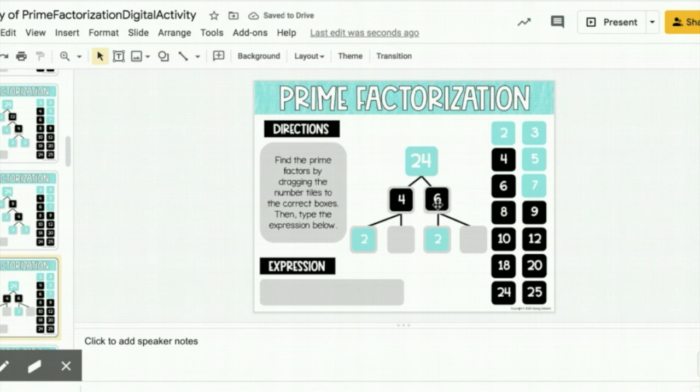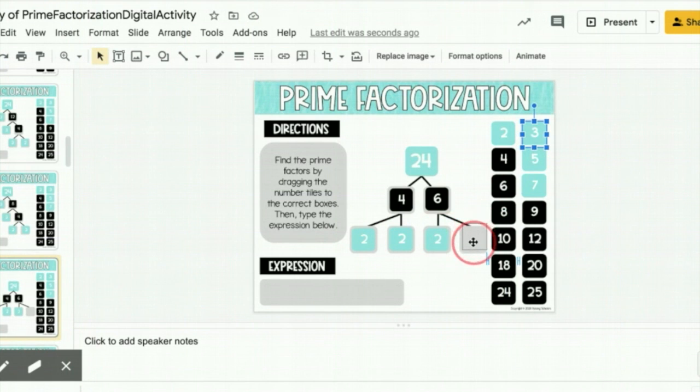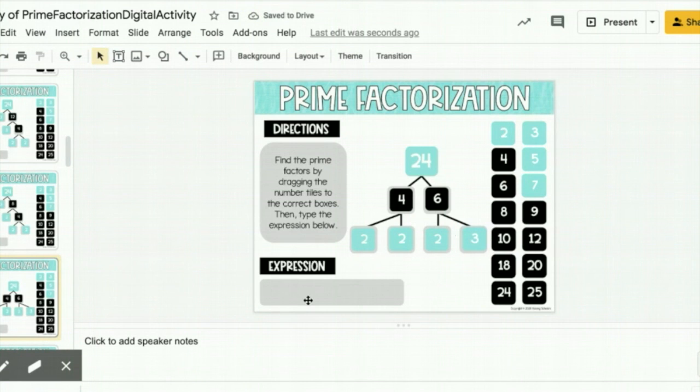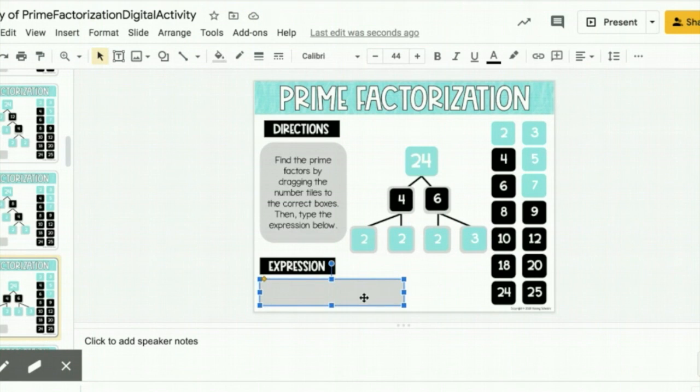Well, neither of those are prime, right? So we've got to figure out what multiplication problem gets me to those numbers. So I know that 2 times 2 is 4, right? And for 6, I know that 2 times 3 is 6.